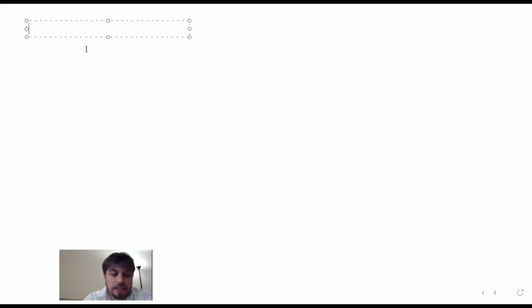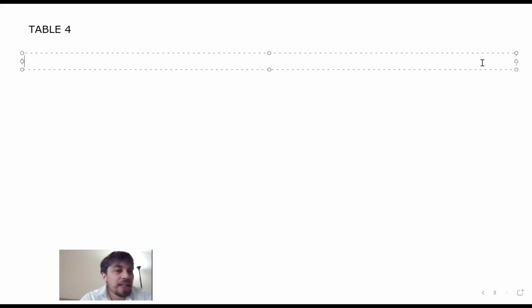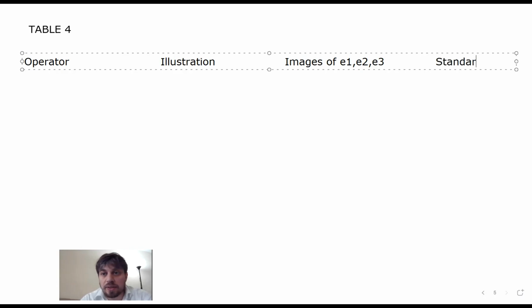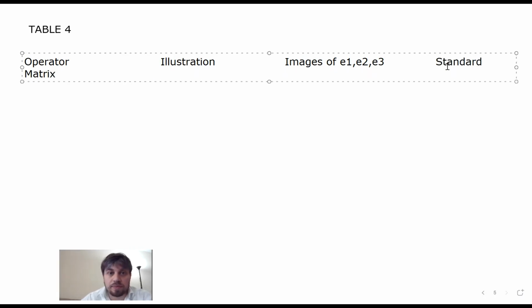Table 4. So for table 4, we have an operator. Illustration. Images of E1, E2, E3. We have a standard matrix.